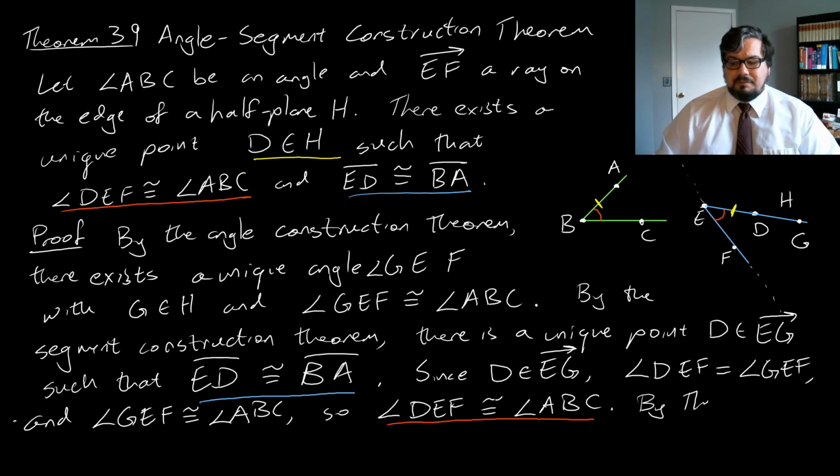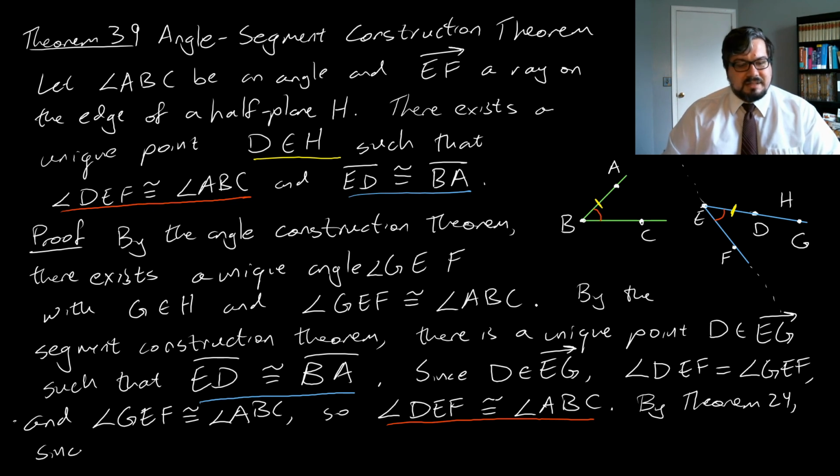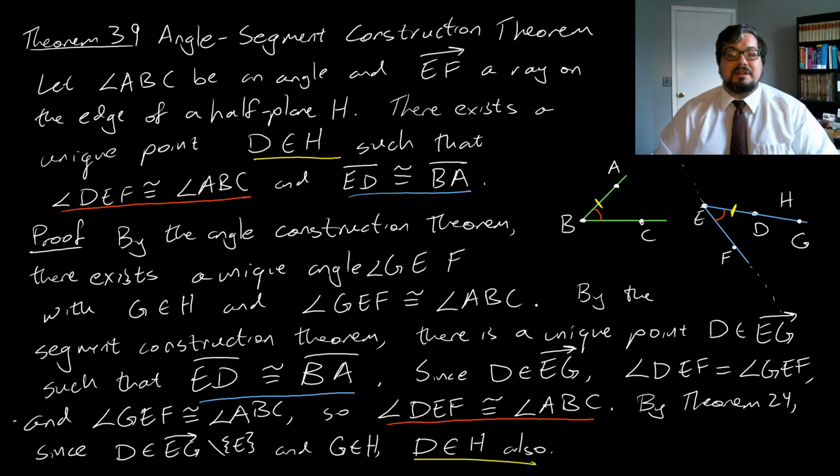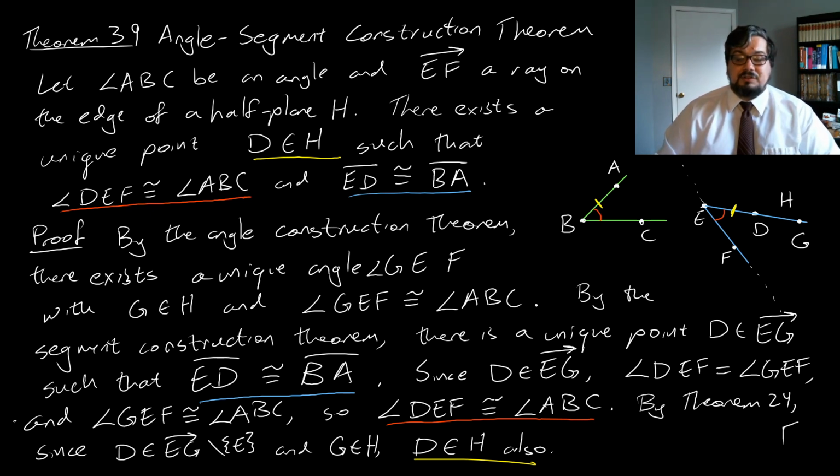By theorem 24, since D lies in the ray EG and is not equal to E, and G is in H, D belongs to H also. And so that shows that D satisfies the third condition of the point that we want for the angle segment construction theorem, and so we're done.